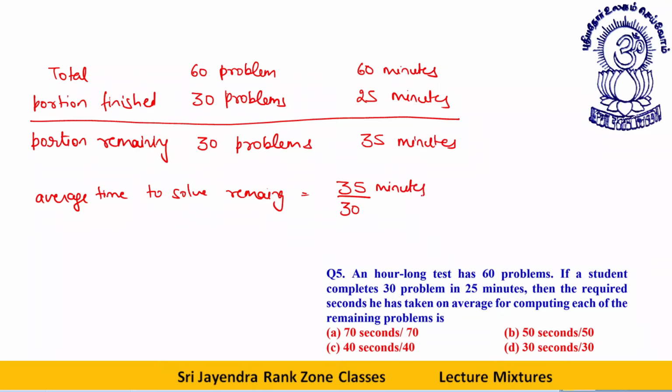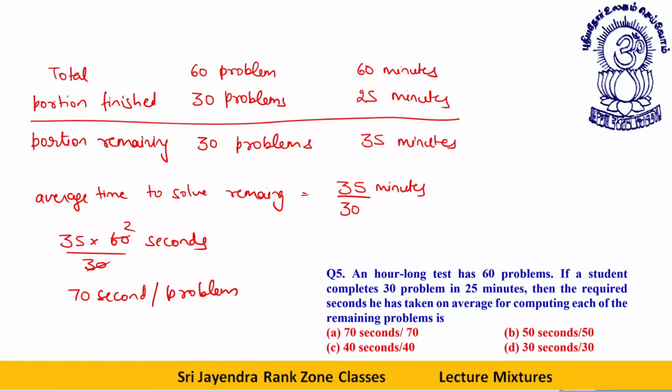But the question is in seconds. So what I'll do, 35 into 60 seconds by 30. Okay, so that will give me what? This divided by 2. 70 seconds to solve one problem. 70 seconds per problem. I'm sure this must be clear to all of you. Okay, dear students, let's move ahead.